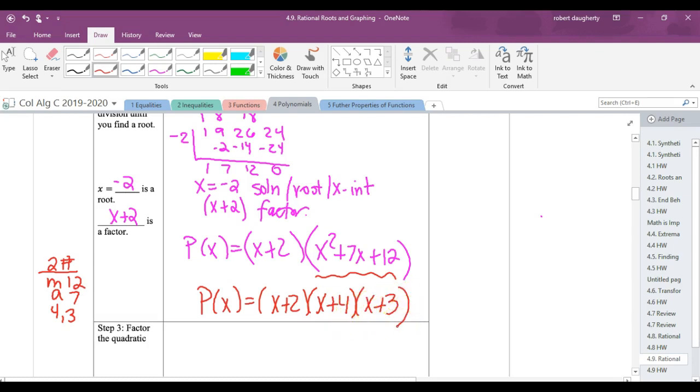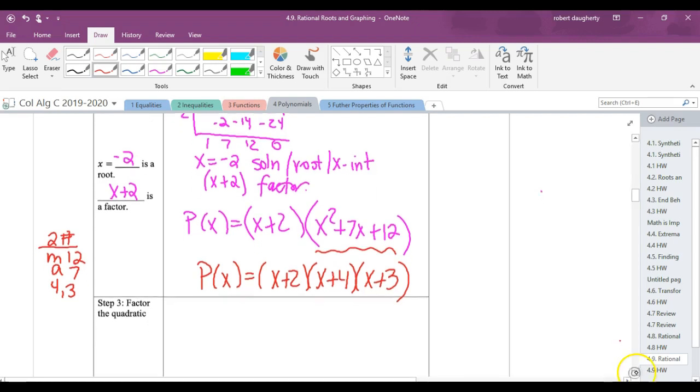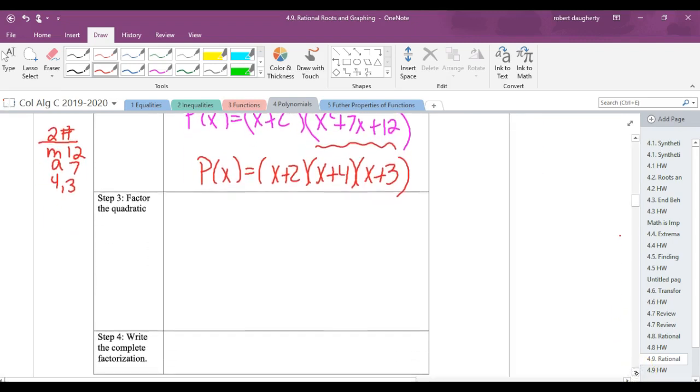That's the complete factorization of this problem. So that's the final answer here. P of x equals x plus 2, x plus 4, x plus 3.